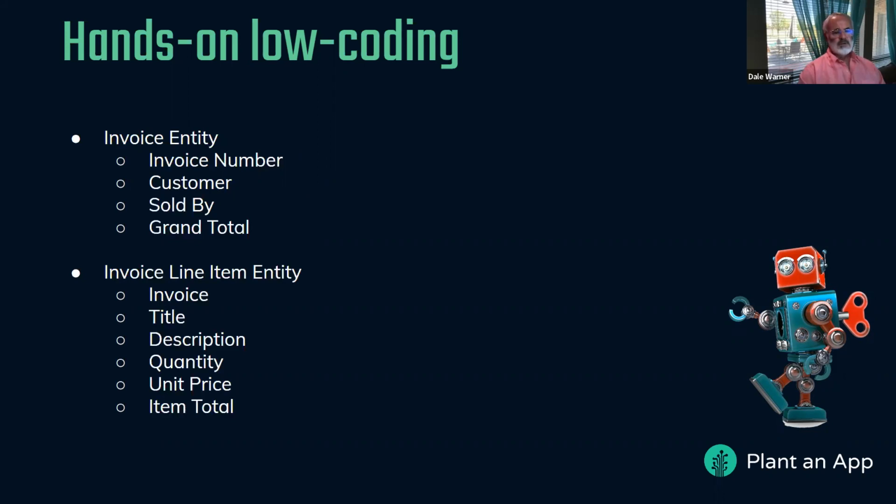I'll talk a little bit about invoice number, particularly because I don't want you to get confused with invoice ID. The idea is that Plantain app, as you create records, is going to assign a unique ID to the entity, so there'll be an invoice ID.